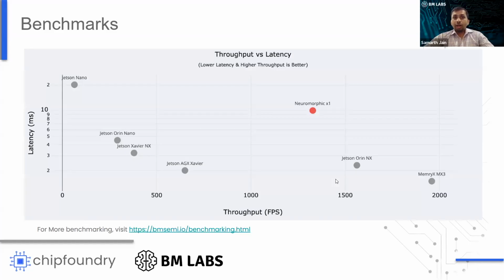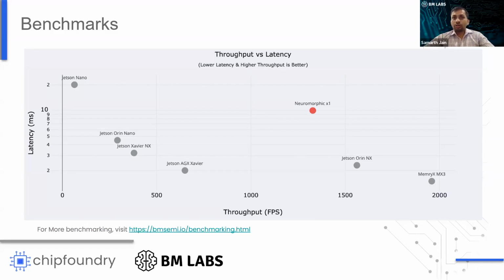Now, looking at how we put this in the spectrum of current chips, because there are a lot of other existing chips available. For example, if you are a startup or a university student and you plan to use X1 multiple times and go towards Neuromorphic X3, where can you place it in terms of throughput and latency?